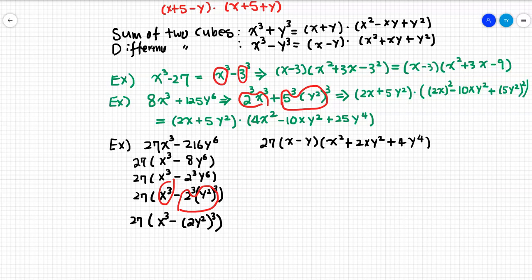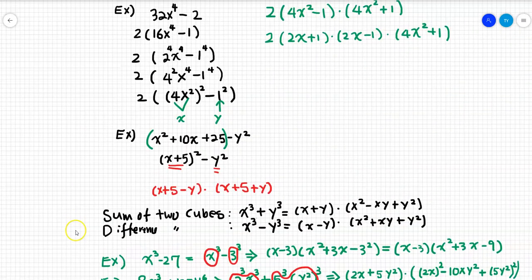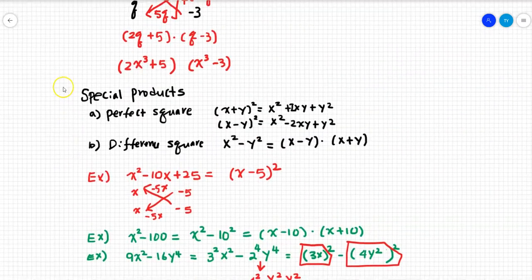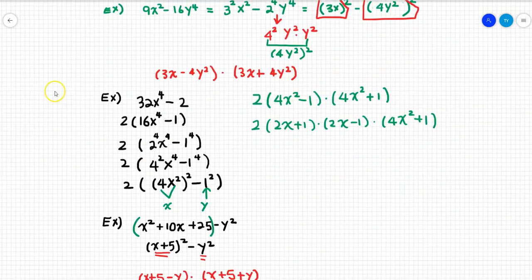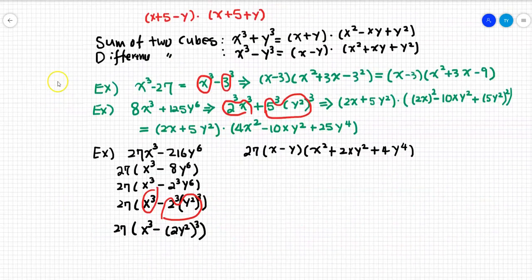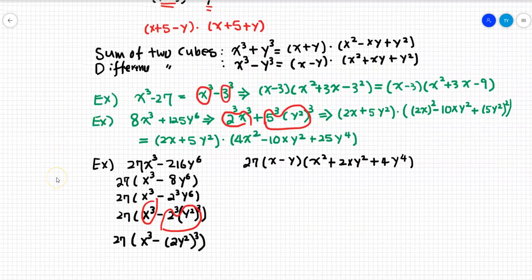So if you can somehow find that one of these polynomials fits into the formulas that we talked about, like difference of square, perfect square, or the sum of cube and difference of cube, then you should be able to use the factored form of the formula right away. So you don't have to spend a lot of time trying to find the combination. Okay.